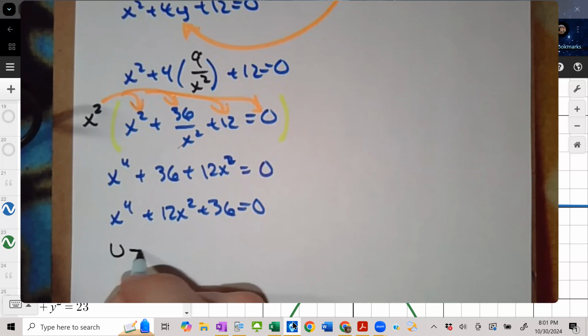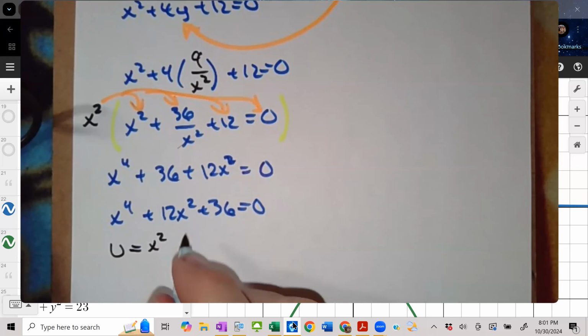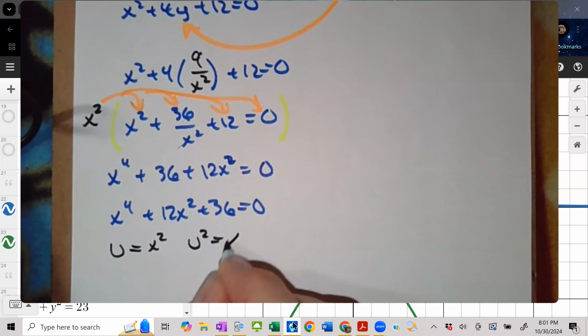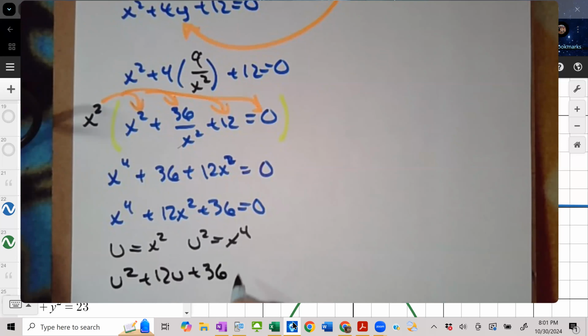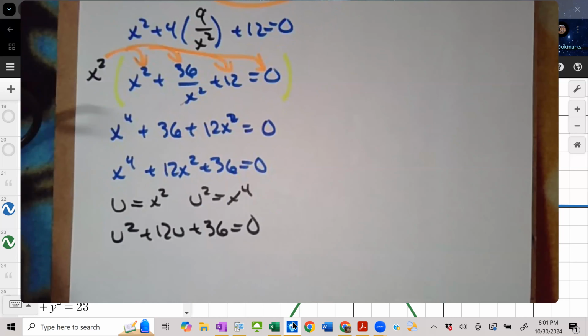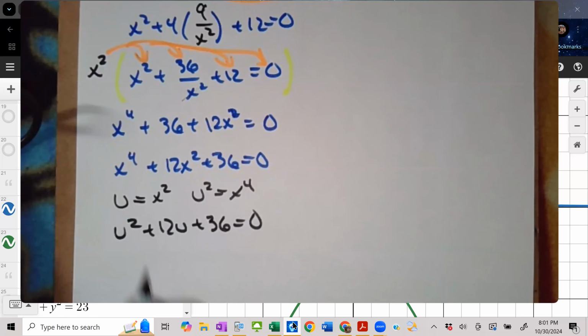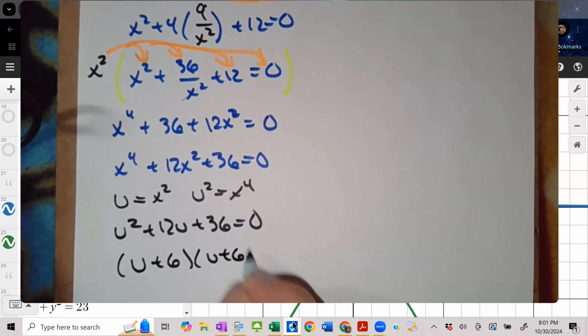If I let u equal x squared, and I square both sides of this, u squared would be x to the fourth. So I get u squared plus 12u plus 36 equals 0. That factors into u plus 6 times u plus 6, which means u equals -6 or u equals -6.